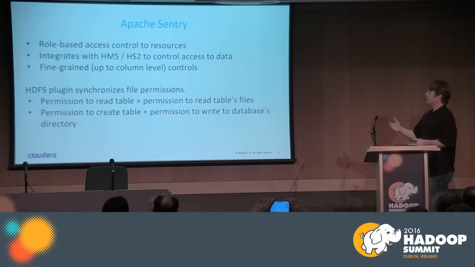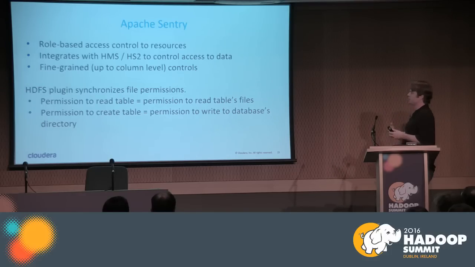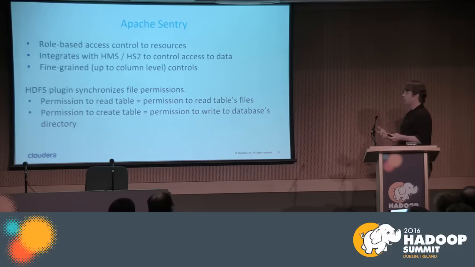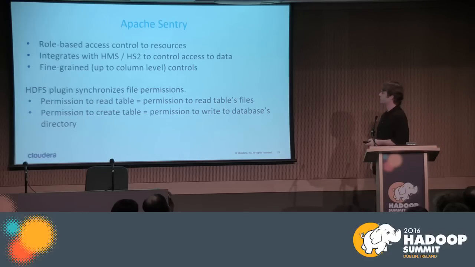And the nice thing is that it has an HDFS plugin that synchronizes file permissions on the file system with the permissions of Hive tables set up in the metastore. So basically, if you give a role permission to read the table, it sets up an ACL in HDFS that allows all users who have that role to read the table's files. If a user has permission to create a table, it means the user can create a directory in the database's directory on the file system.